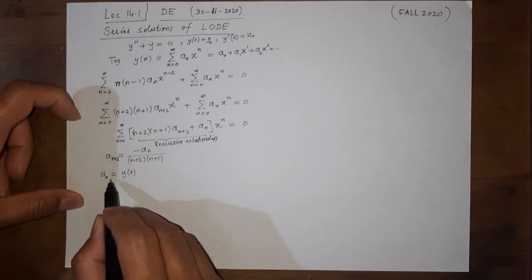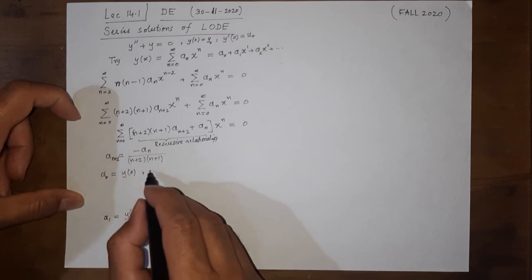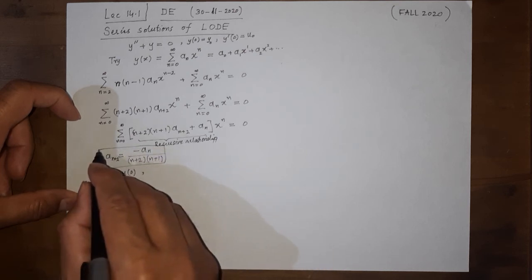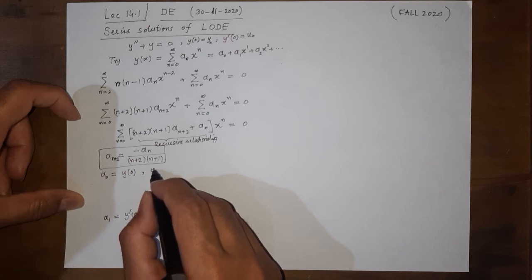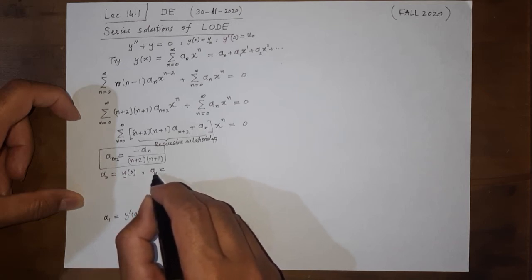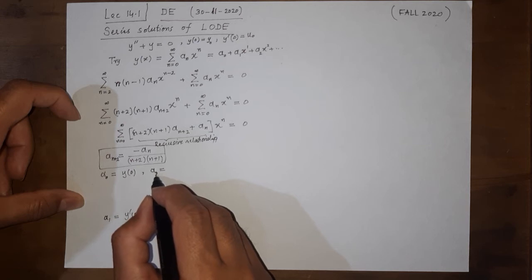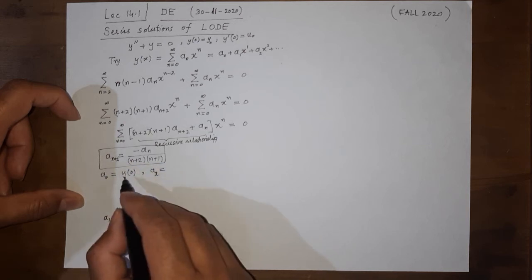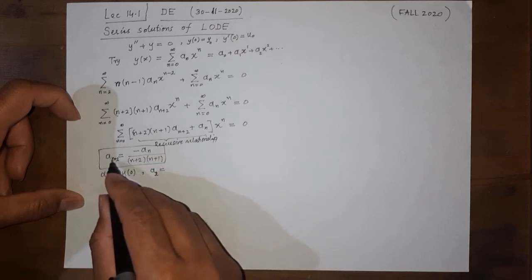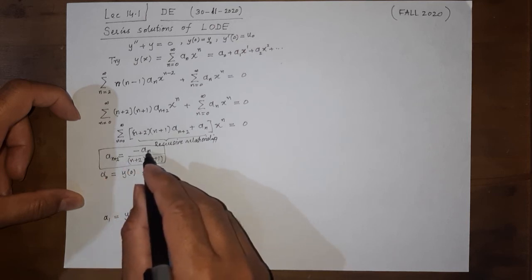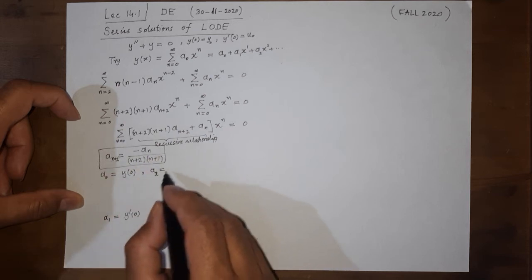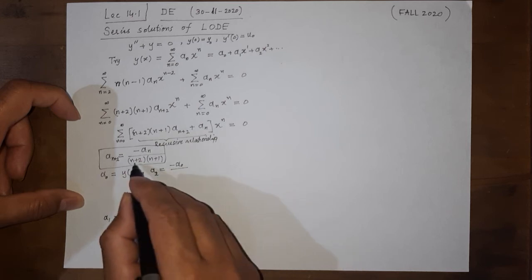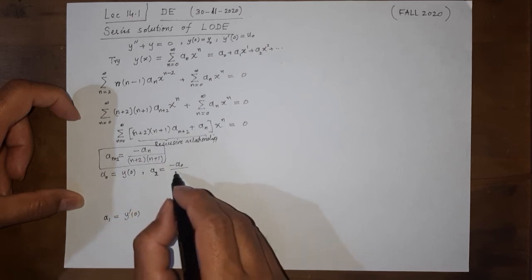So if we start with a0, then according to this expression, which is an important expression in the solution of this differential equation, we know that for n equal to 0, a2 would be equal to minus a0 over 2 into 1.